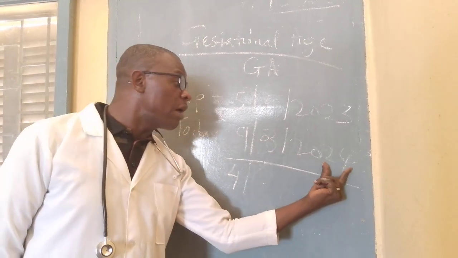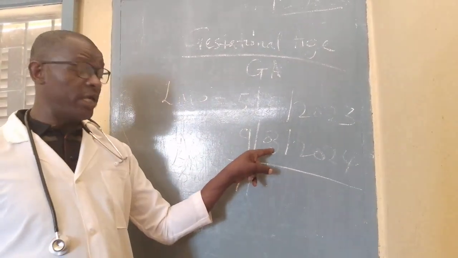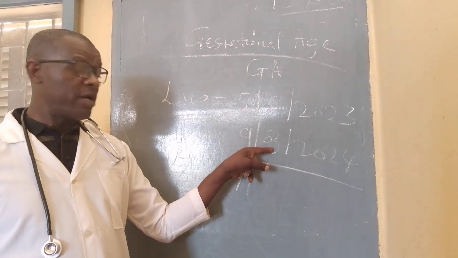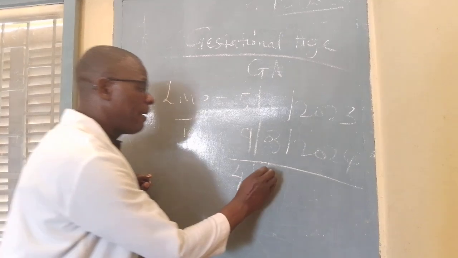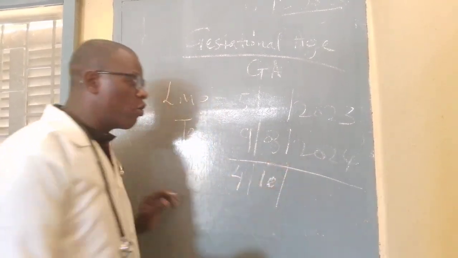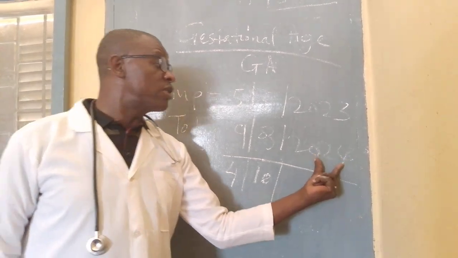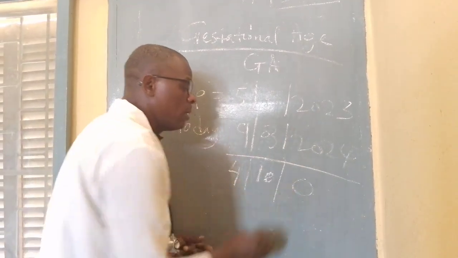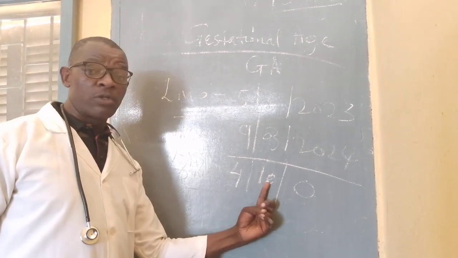So I subtract 1 year, convert it into 12 months. 12 plus this 3 becomes 15. Now, 15 minus 5 is 10. Then having removed 1 year, we have 2023 remaining there. 2023 minus 2023 is 0. Everything has come down to 4 days, 10 months.